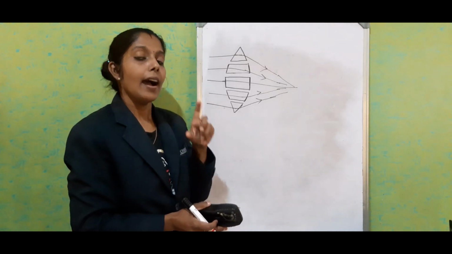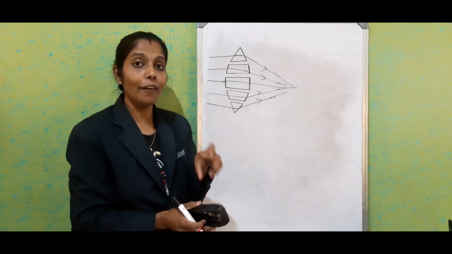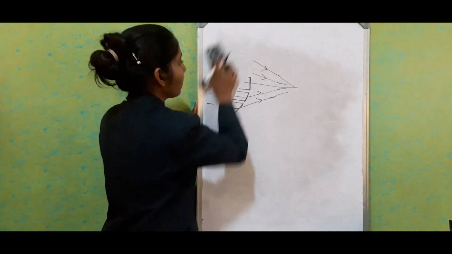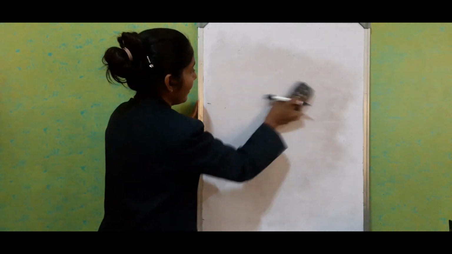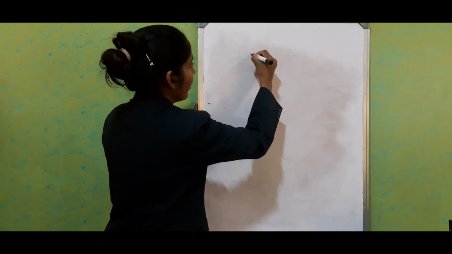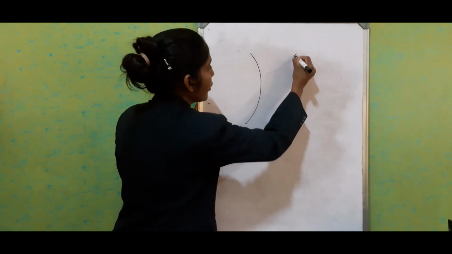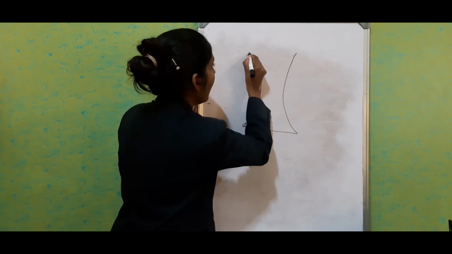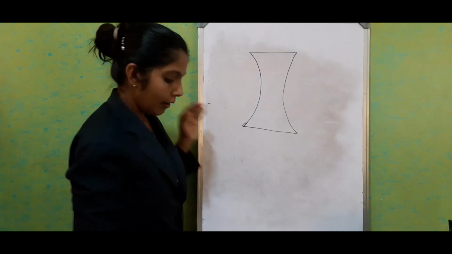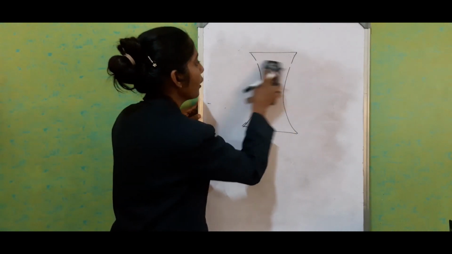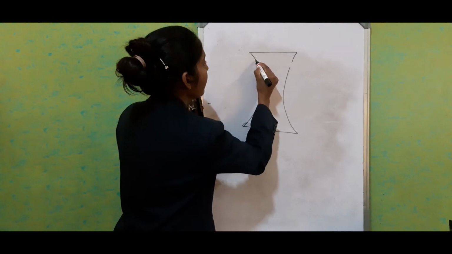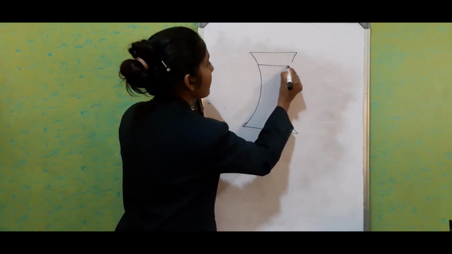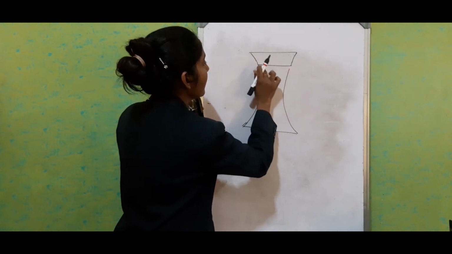Now we will see how it works in the case of concave lens. So concave lens, this is the shape of the concave lens. This one also I am going to break it or going to show it as a combination of prism. So this is our first prism. There is a gap.